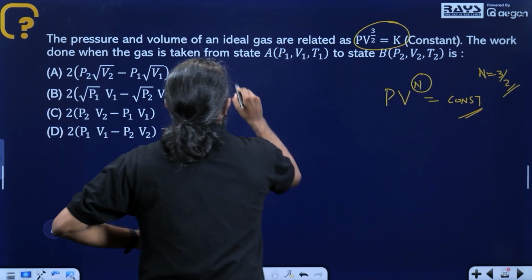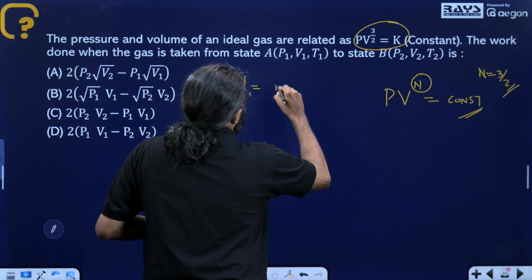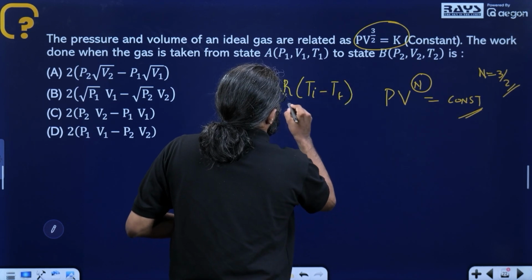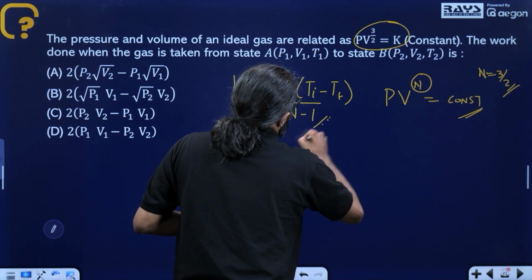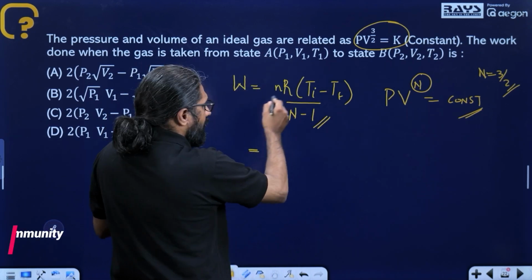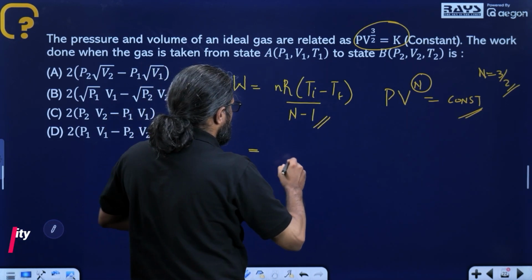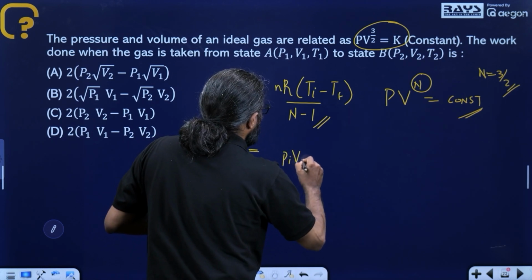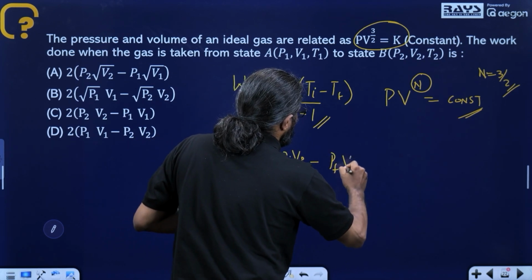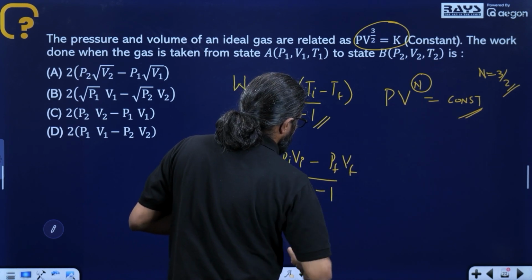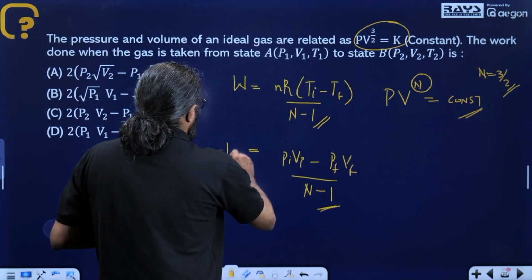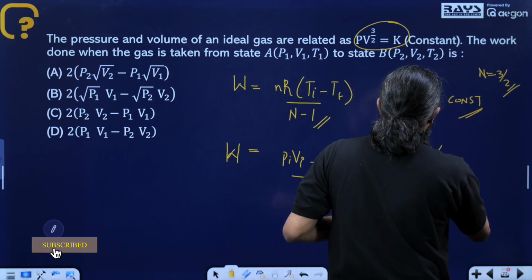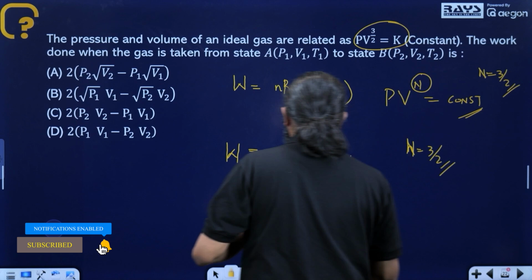And the work done by a polytropic process, W, is nR (T initial minus T final) divided by N minus 1, which basically means this nRT initial will be P initial V initial, which means P initial V initial minus P final V final divided by N minus 1. This is actually the work done. In this case, N is 3 by 2. Since N is equal to 3 by 2, we can use that here.